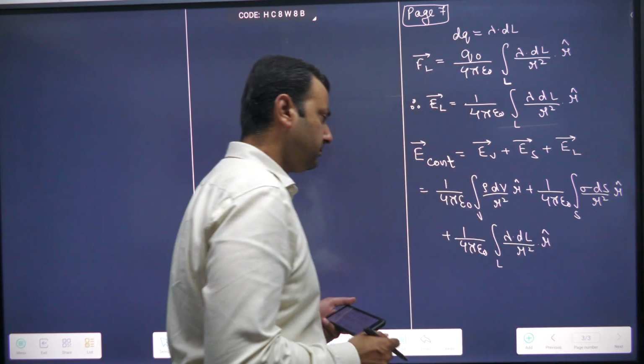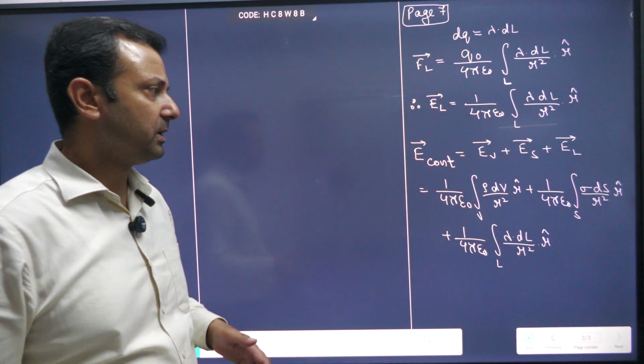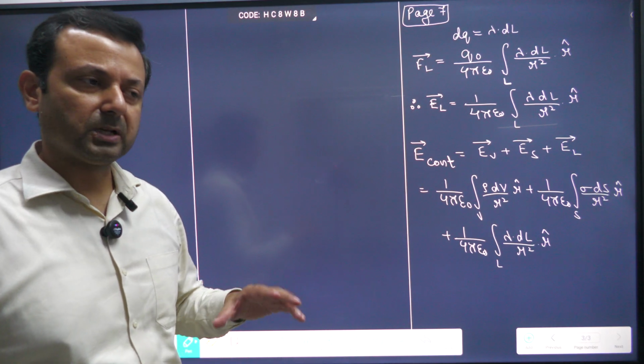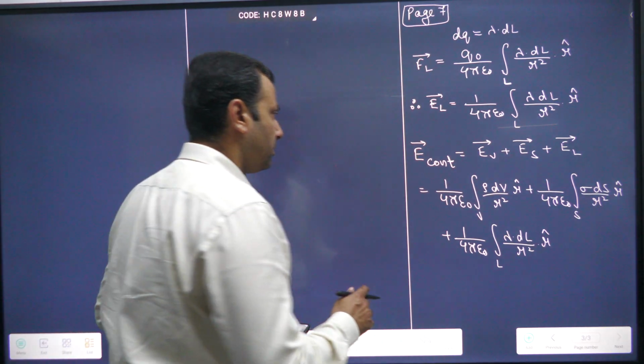Now we observe that 1 upon 4 pi epsilon naught can be taken out common from these three terms.